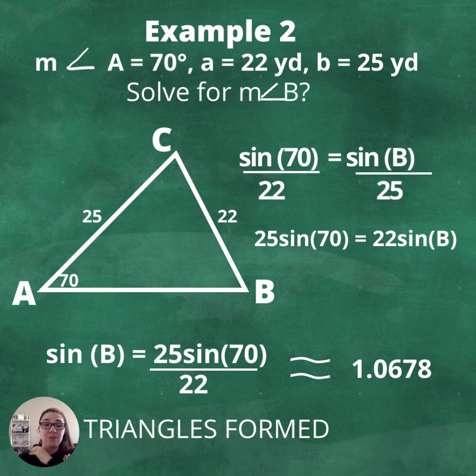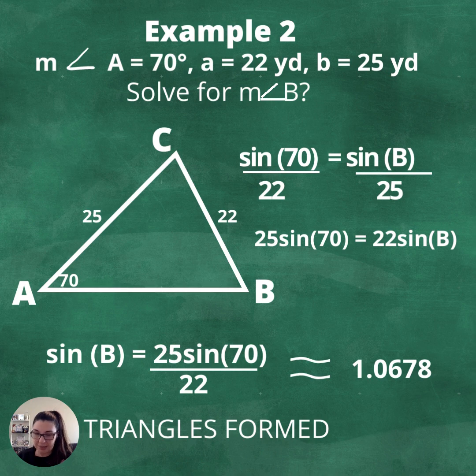So because this value is over 1, no triangles are formed. Now, if you wanted to solve for h in this case, you would do 25 times the sine of 70. H would be approximately 23.4923.